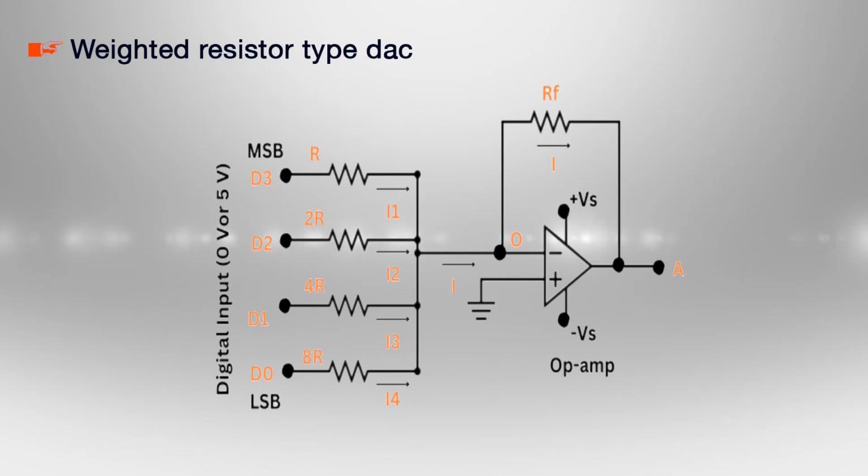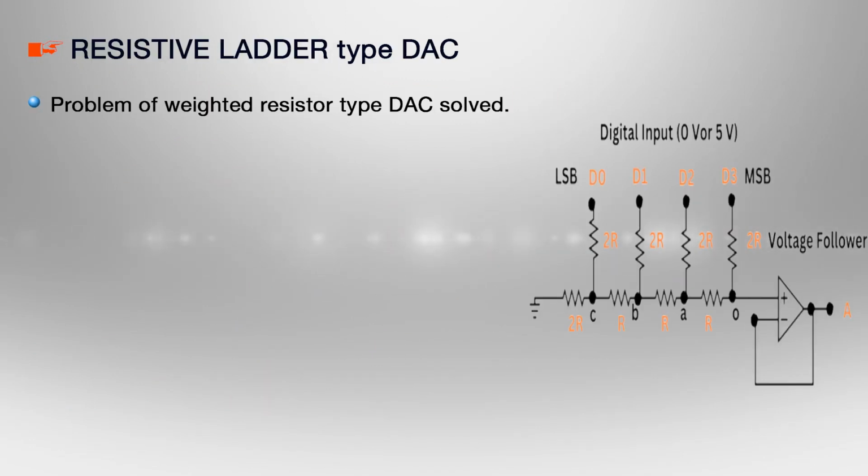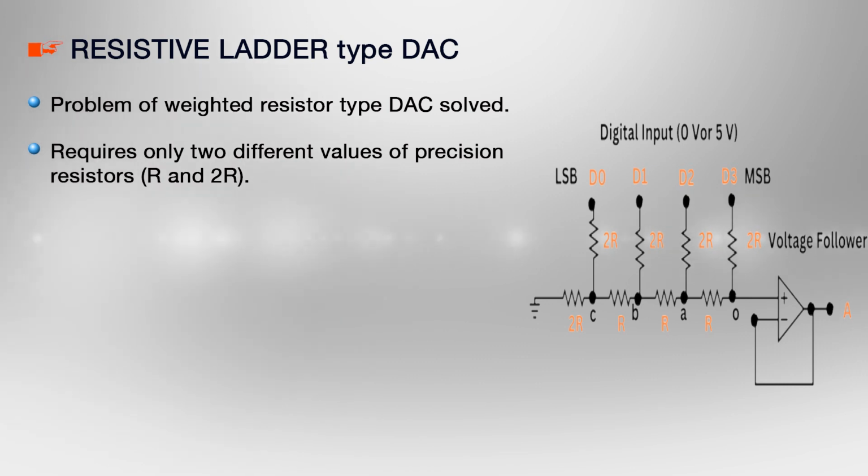Now, let us move to the second type of DAC, which is more practical for implementation, that is the resistive ladder type DAC. In this DAC, the problem of the weighted resistor type DAC gets solved, because it requires only two different values of precision resistors, R and 2R.